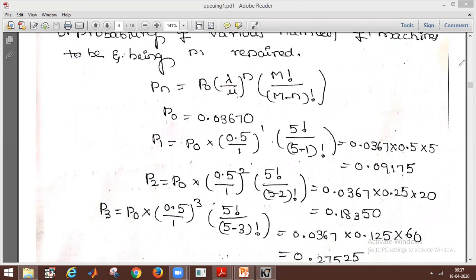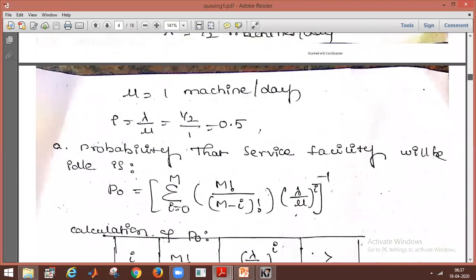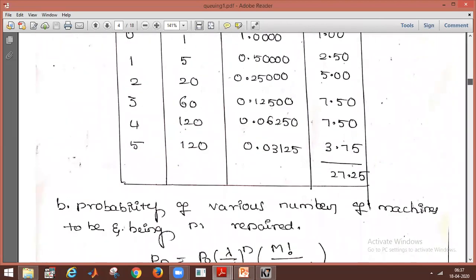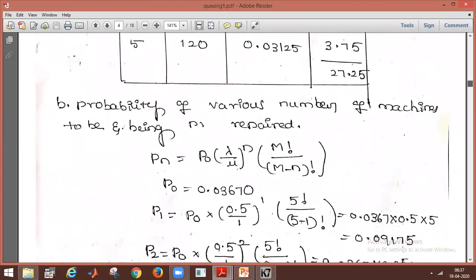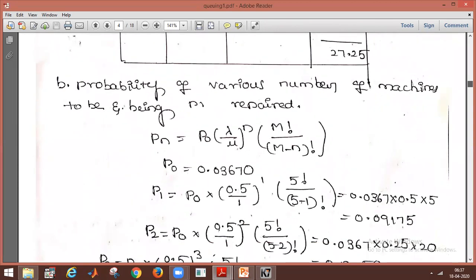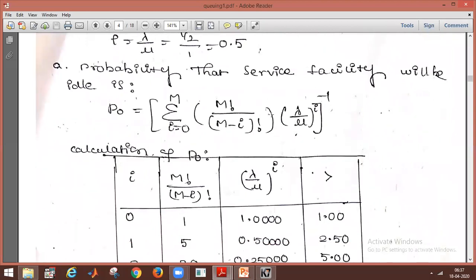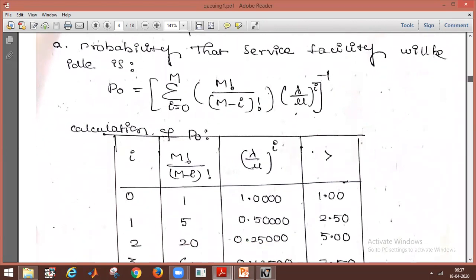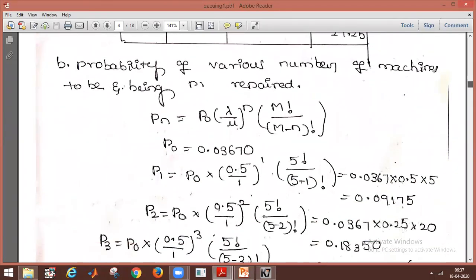Substitute in the equation, and we will get the answer 0.03670. What is the next thing?